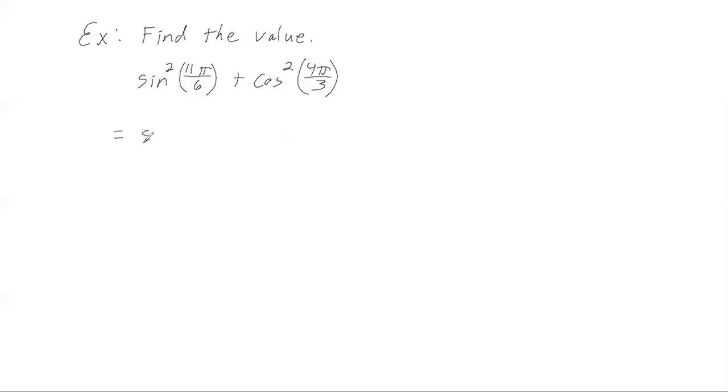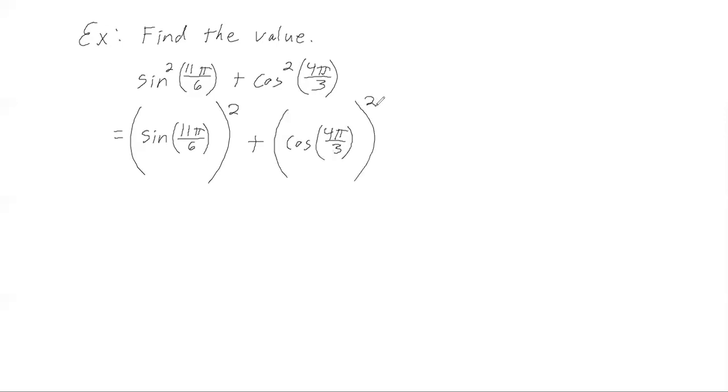Remember, that's the same thing as writing a sine of 11 pi over 6 like this, quantity squared. And the cosine, I could say that's the cosine of 4 pi over 3 like this, but all quantity squared is what that means.